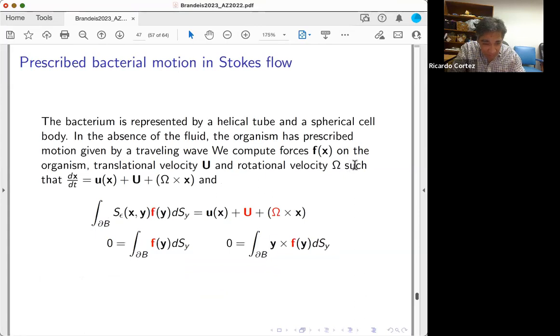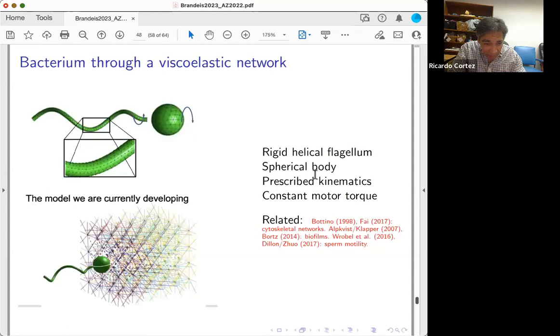So I'm just going to end with a simulation. I think this is the idea here. This is really recent work. We have an organism with a helical tail, but this is not a curve. It's a little tube like this in a spherical cell body.